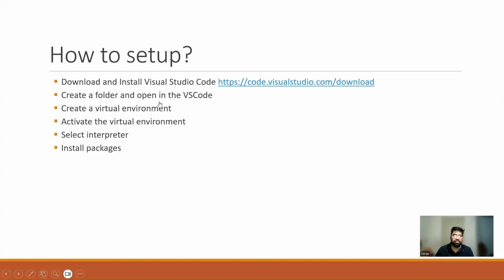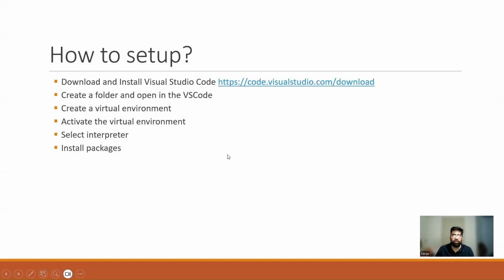How to set up that? Of course, you need to download and install Visual Studio Code on the laptop or PC you're using. And if you remember, in Google Colab, we don't need to install anything. We can directly access it in the browser. But here in Visual Studio Code, you need to download and install it on your computer.